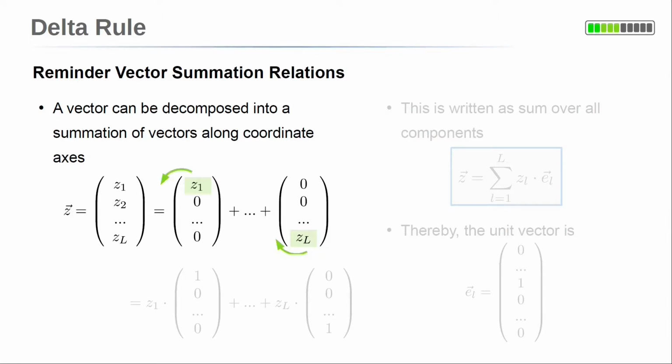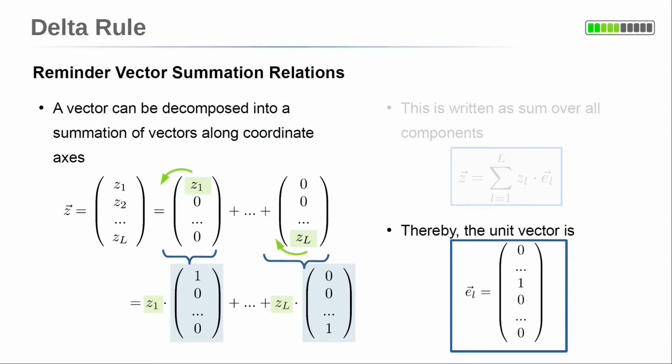We can put the z components as scalar in front of the corresponding vector. Then we have z1 times a vector with a single non-vanishing first component 1, plus and so on. As you can see, we have a sum of unit vectors. The lth unit vector is a vector with a single non-vanishing lth component 1.